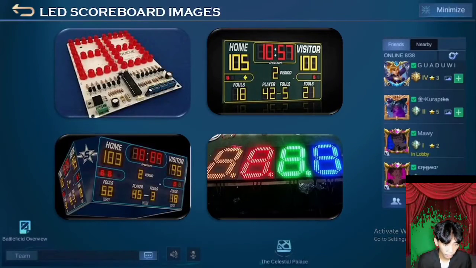Next, as you can see, it is the LED scoreboard images. These images represent the innovation circuit. As you can see, there are a lot of components present here.